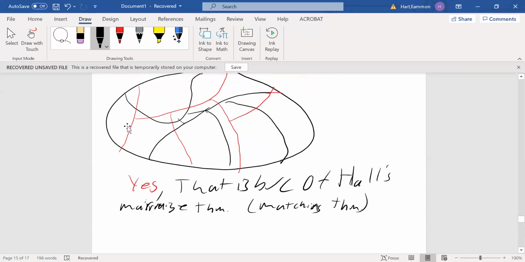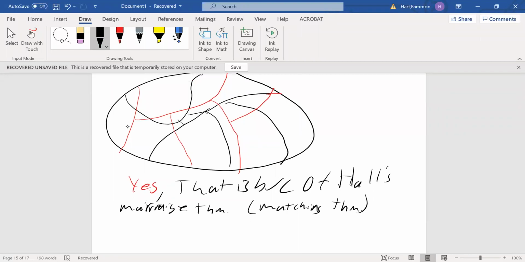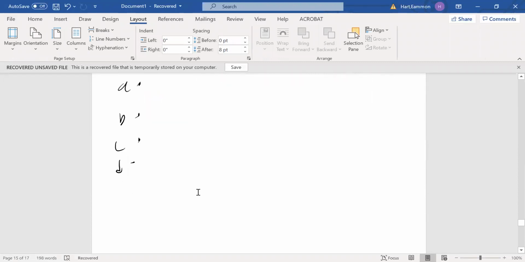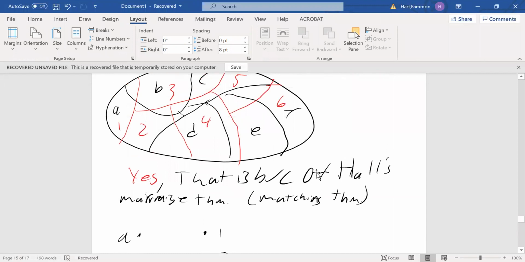So basically we can look at these, and if I call the tribes A, B, C, D, E, F, and I call the tortoise territories 1, 2, 3, 4, 5, 6, then I could create a bipartite graph, such that I basically just look at the overlap between them.